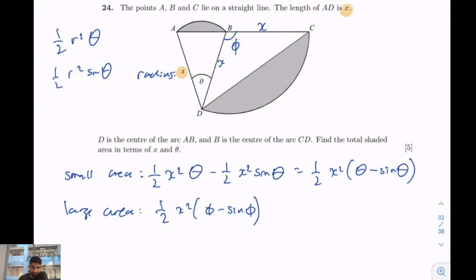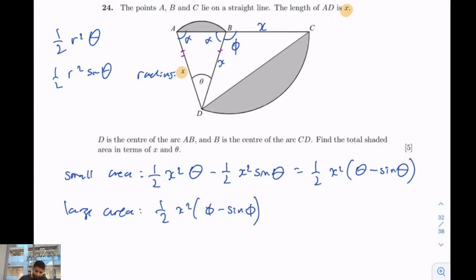There isn't a direct link really at the moment between the two, but considering these two sides are equal, they're both x's, we know that these two angles are the same, so we can call them alphas, and that will give us the opportunity to write relationships between theta, phi, and alpha.